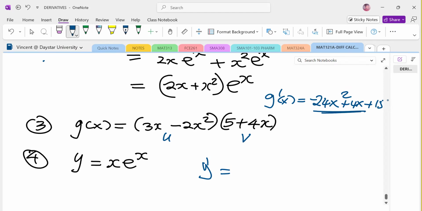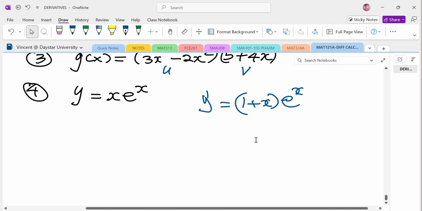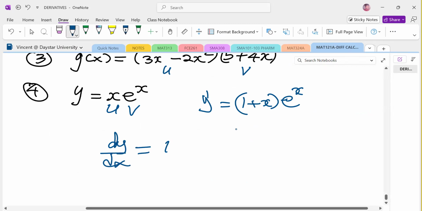Y prime will be? Correct. 1 plus x into e power x. Good. So that is how we apply the product rule. Just let one part be u, another one be v, and then the dy dx is given by u prime v plus v prime u.